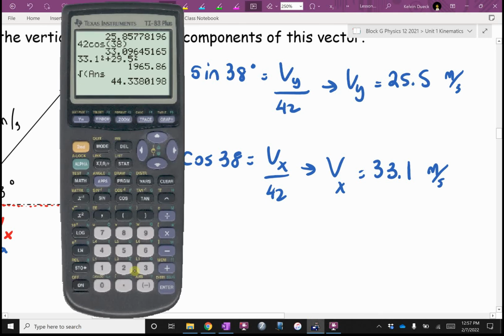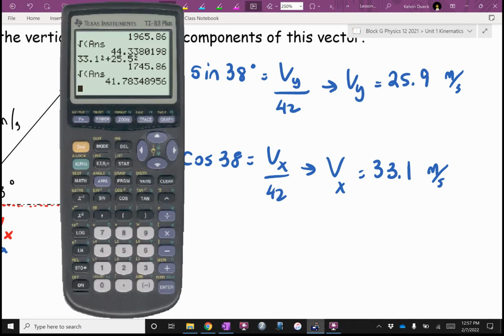Let's try that again. If I go 33.1 squared plus 25.5 squared, and then square root, I get close to 42, but because I rounded this off, I won't get bang on. If I kept all my sig figs, I would get bang on. But I can do a quick Pythagoras check if I need to. Did I make another dumb mistake? 25.9.